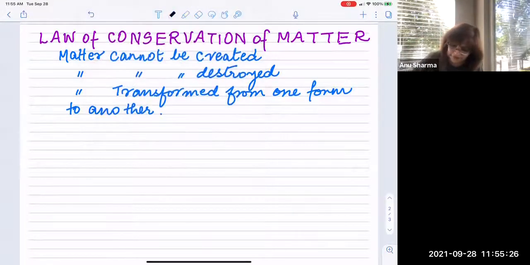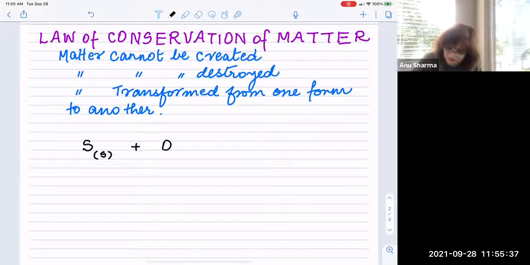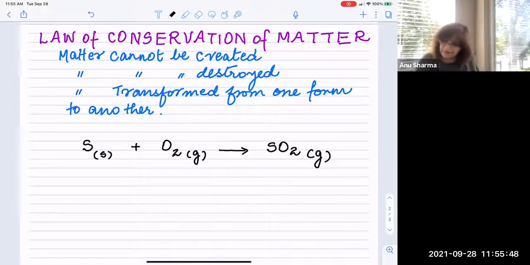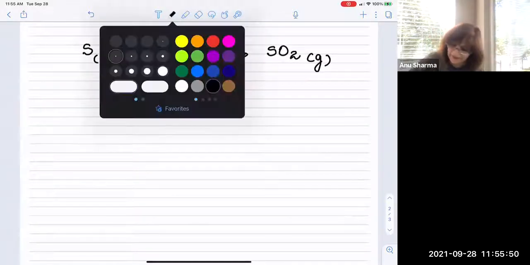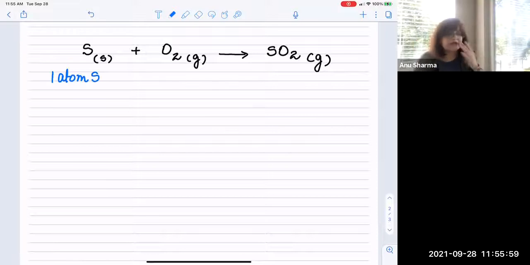Let us take another example. Here you have sulfur. Sulfur is a solid, yellow colored, like a rock. When it combines with oxygen, which is a gas, it gives you sulfur dioxide, which is a gas. This means one atom of sulfur, and later on you will see it's actually moles, but when balancing equations it's okay for now to say atoms.